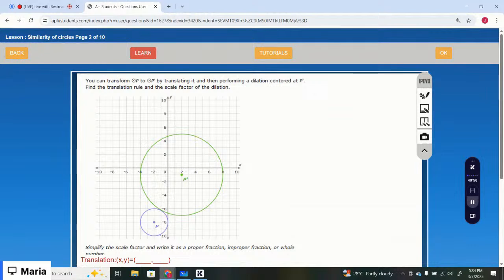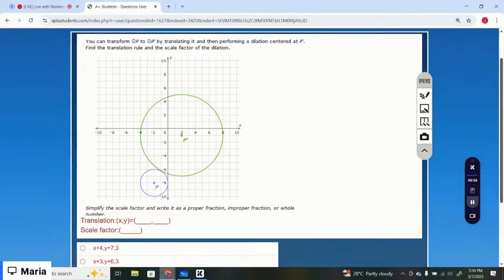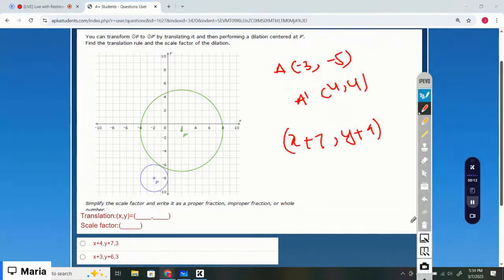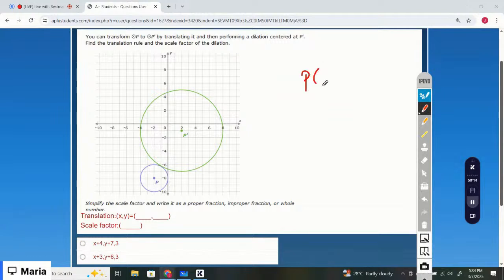You can transform P to P dash by translating it and then performing a dilation centered at P dash. Find the translation rule and scale factor of the dilation. The center of the circle P is -2 and -8.